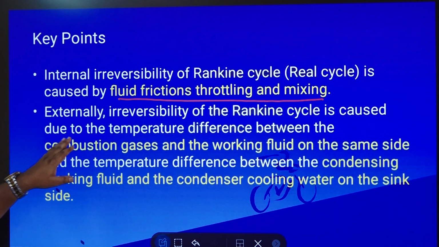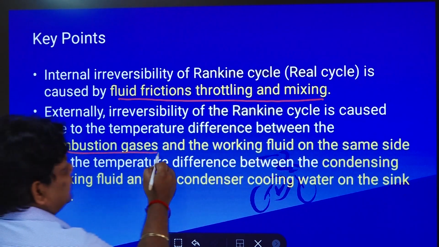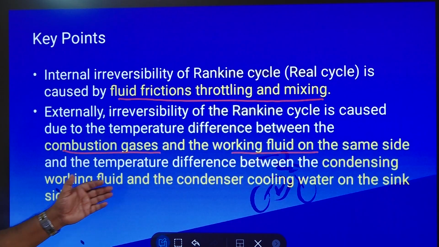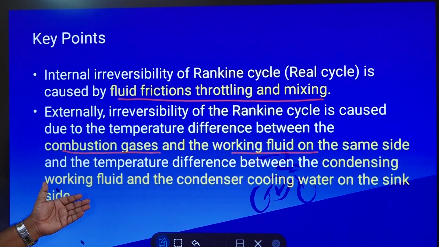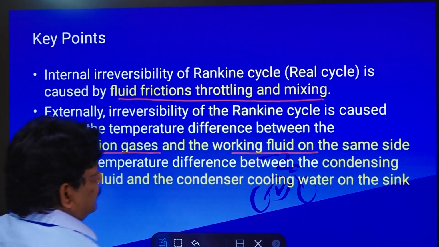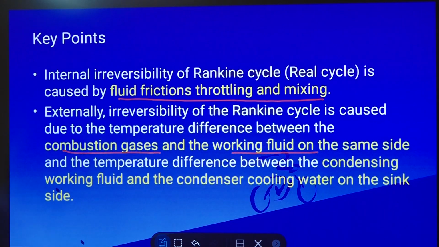Externally, the irreversibility of the Rankine cycle is caused by the temperature difference between the combustion gases and the working fluid on the source side, and the temperature difference between the condensing working fluid and the condenser cooling water on the sink side. So these are the statements which are related to this cycle.